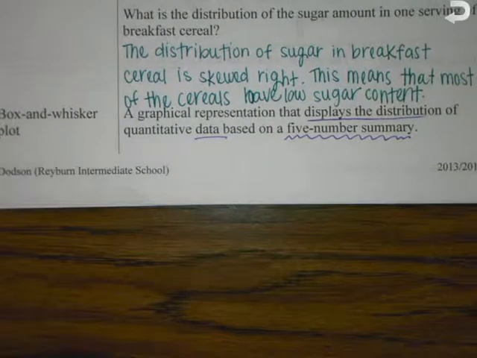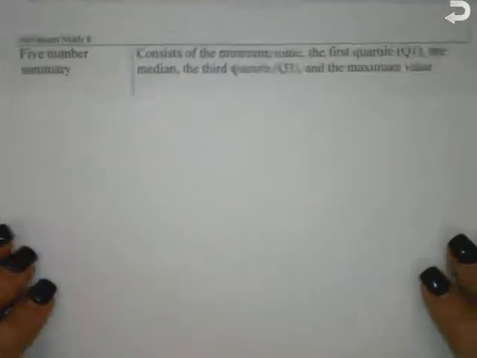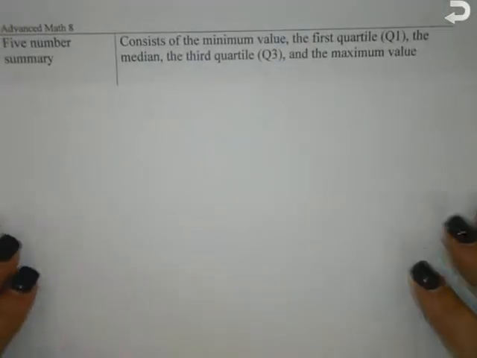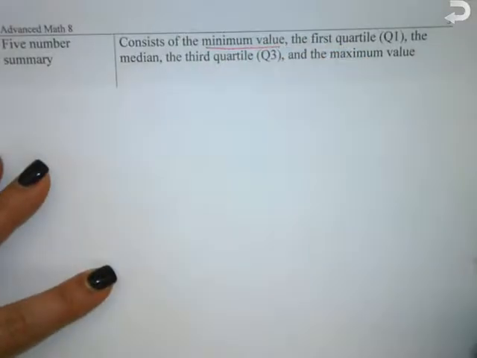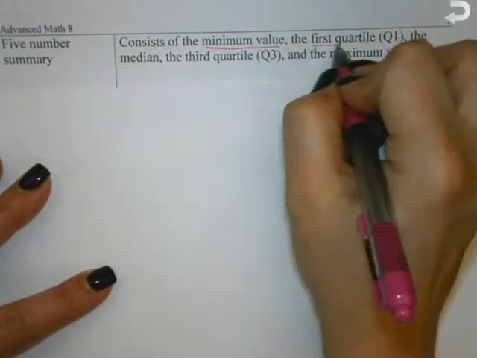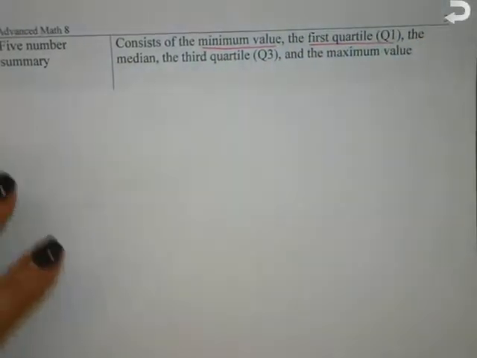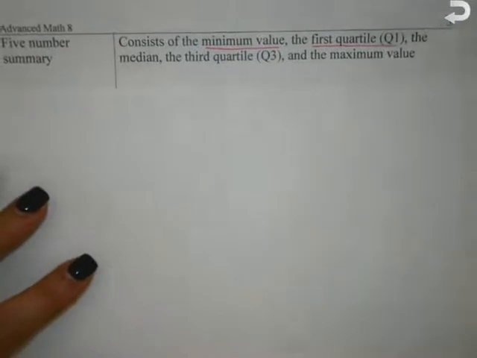So what is the 5-number summary? The 5-number summary consists of 5 parts. Go figure, huh? It consists of the minimum value, the first quartile, which should sound familiar, right? Q1. The median, we know what that is, right?